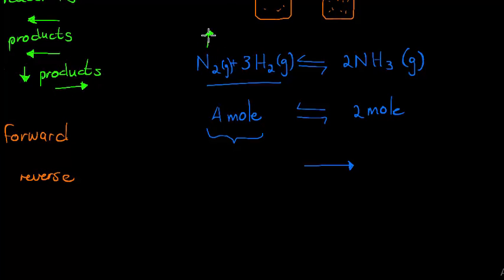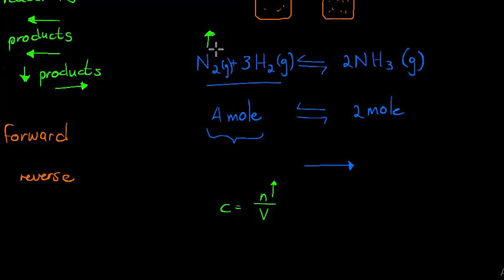Okay, so concentration is moles per volume. So if I increase the concentration of nitrogen, it literally means I'm increasing the amount of moles of nitrogen, which means I'm adding reactants into the system.